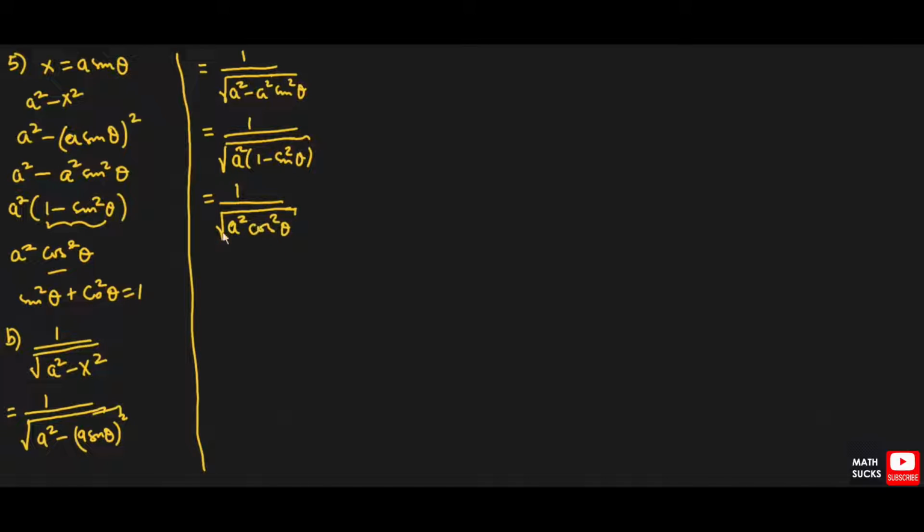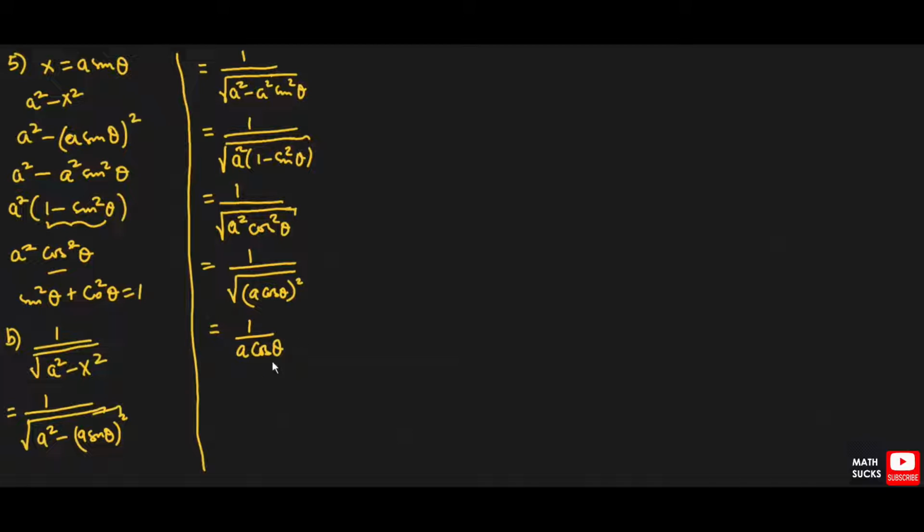And so you can see the square can cancel with the square root on both of them, because technically this is the same as 1 over the square root of a cos of theta, the whole thing squared, so the square can go with that, leaving us with 1 over a cos of theta.